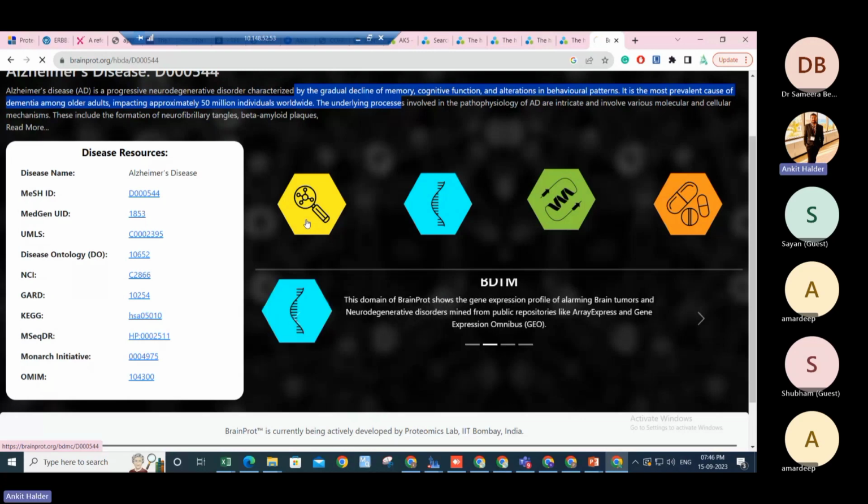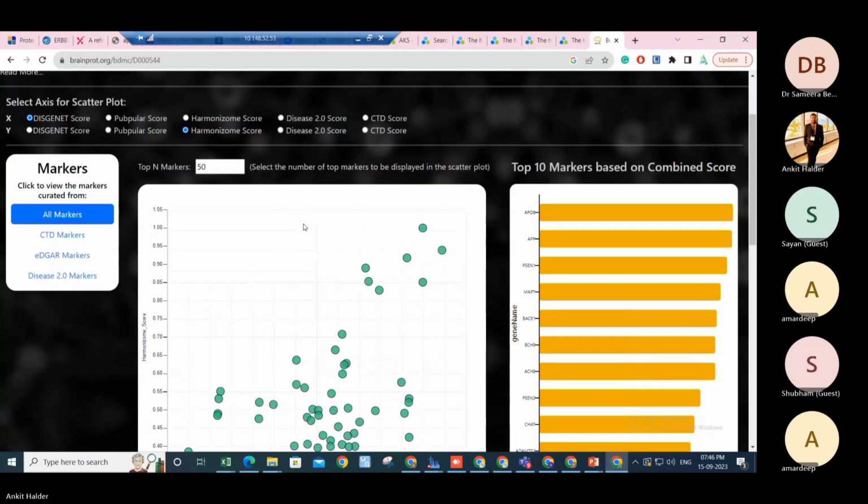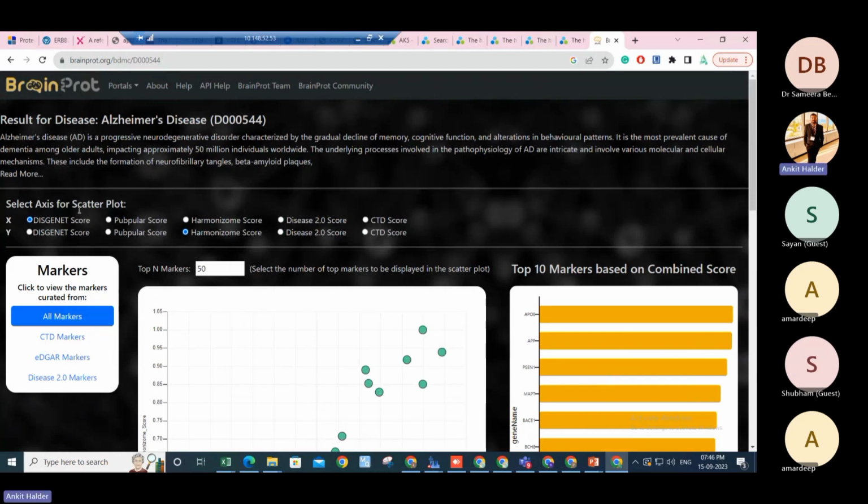The first domain is the BDMC. What you can find out here is that there are different algorithms, different databases and different knowledge bases which can help you identify your top markers.